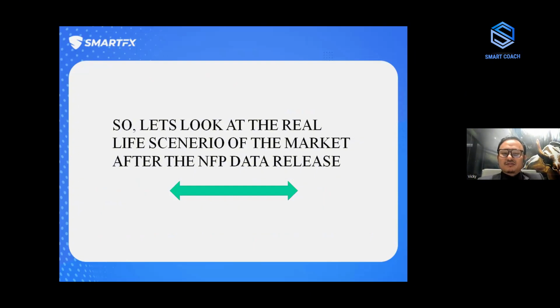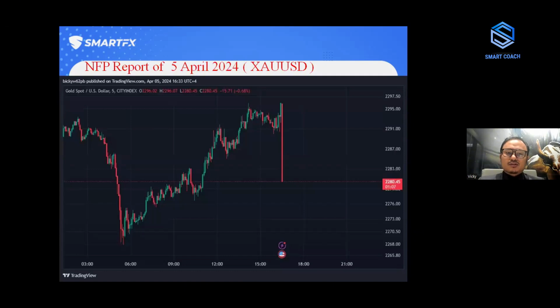Anyways, let's look at a real-life scenario of the market after the NFP data release. We're going to look at how the market actually behaves after the NFP data. This NFP report is from 5 April 2024. It's XAU/USD, gold versus dollar, on a 5-minute chart.